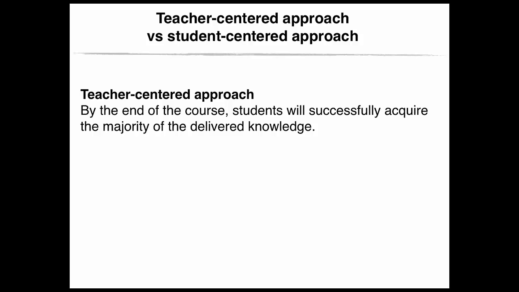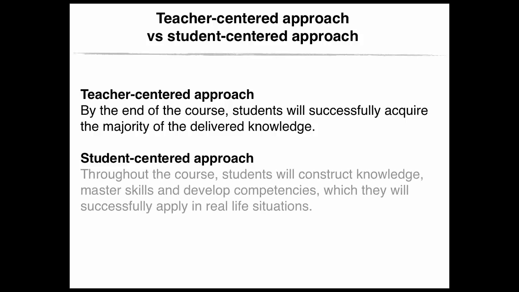In some cases, professors have no other choice but to apply this approach in order to make sure that their students master knowledge elements that are prerequisites for other courses or needed to perform in certain domains. In a student-centered approach, throughout the course, students will construct knowledge, master skills, and develop competencies, which they will successfully apply in real-life situations.